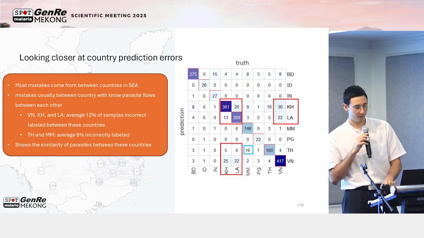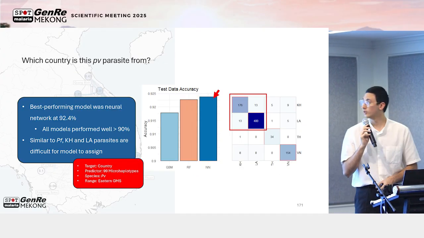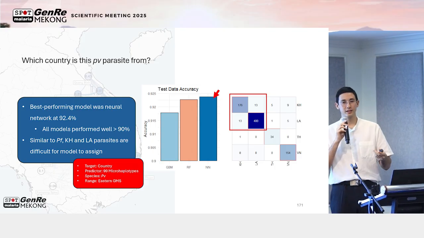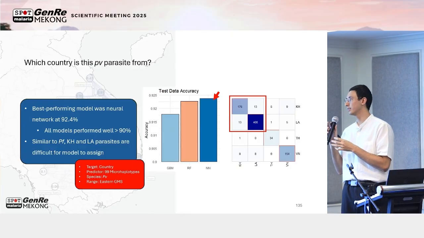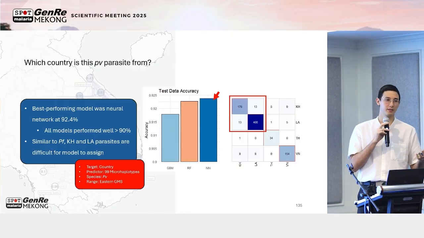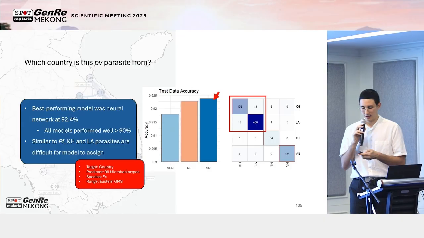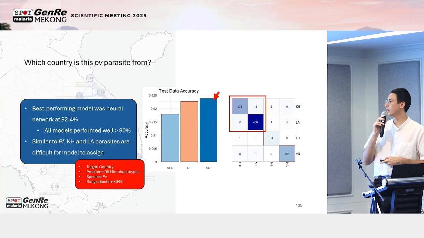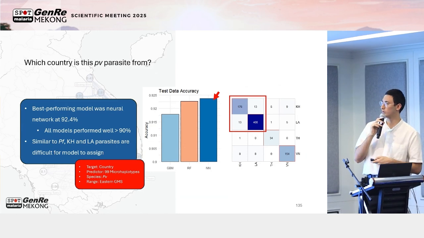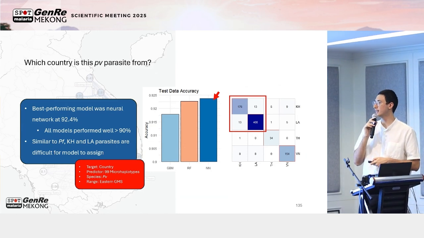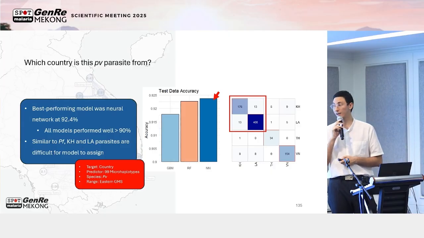Now, next we wanted to look at the same thing, but for PV. So given a PV microhaplotype, which country is this PV case from? And so of all the models, the best performing model was the neural network, which achieved a 92.4% accuracy.